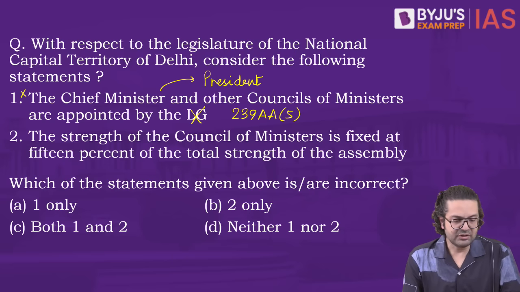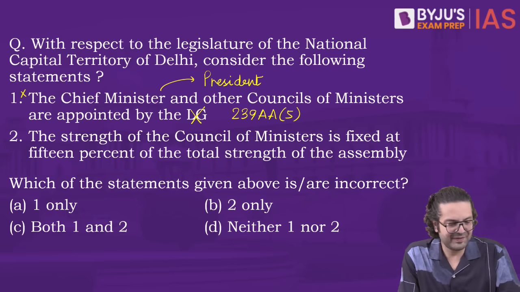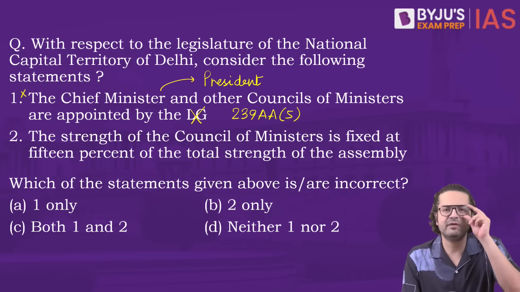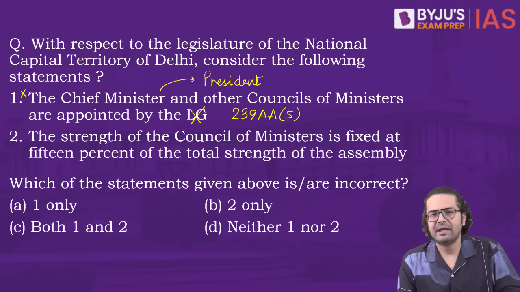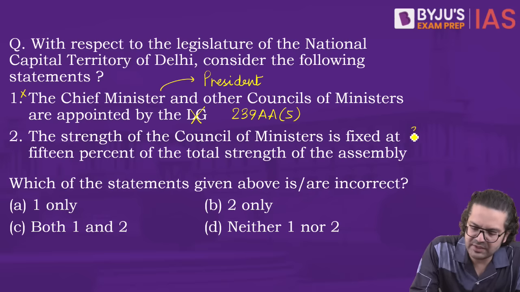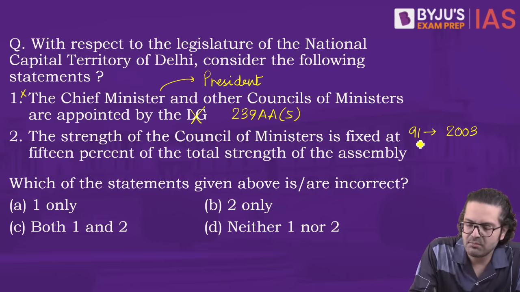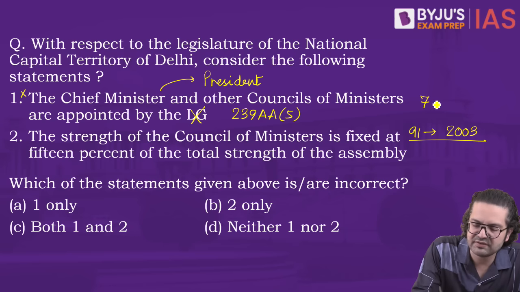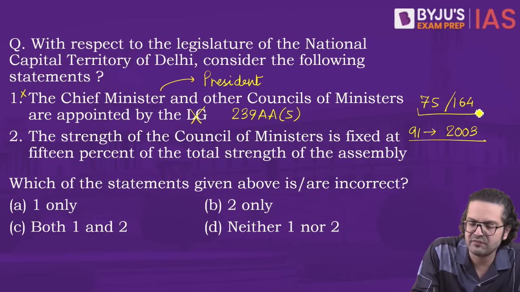Number 2, the strength of the Council of Ministers is fixed at 15%. Again, we know very well, right? Back through the 91st Amendment Act of the year 2003, modifications were made to Article 75, Article 164, and what was the modification?